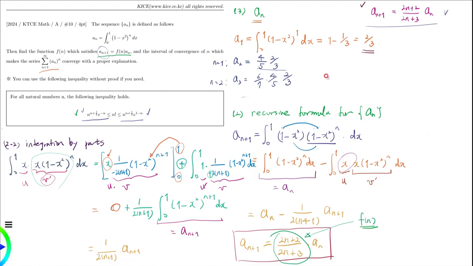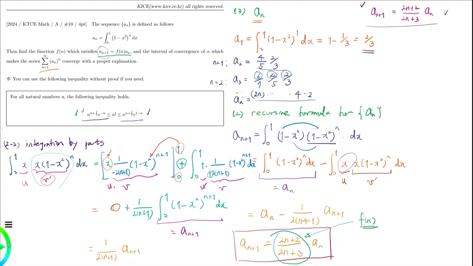Okay, so by induction, we can induce that the numerator part is a multiplication of even numbers, and the number of even numbers is n, from 2, 4 till 2 times n here.